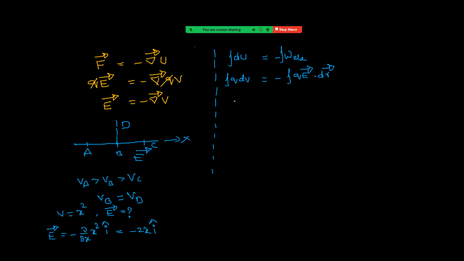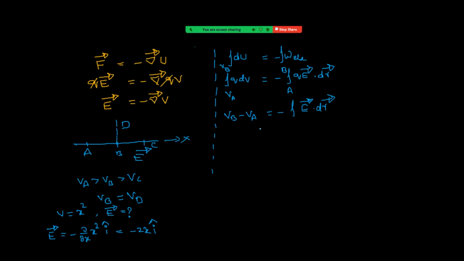Now q gets cancelled both sides. Let us take from a to b, so the initial value is Va and final value is Vb. Then we get Vb minus Va is equal to minus integral E bar dot dr bar.